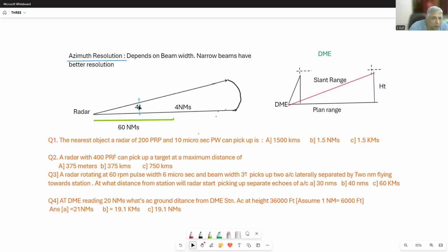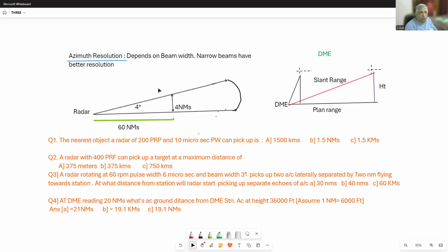So to find out at what closest distance you will start seeing them separately, use the 1 in 60 rule. This will be your closing angle, distance to go, and this lateral separation between the aircraft will be your distance off track. So they can give you the beam width of the radar and the two aircraft separation, and I will say at what distance or less than that distance you will see these two objects separately.